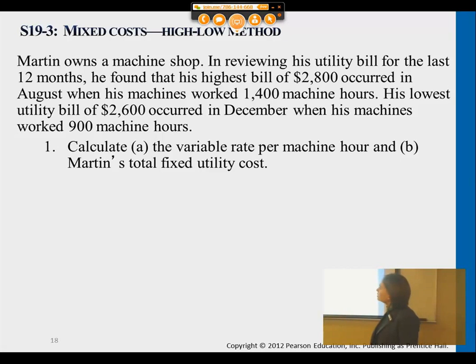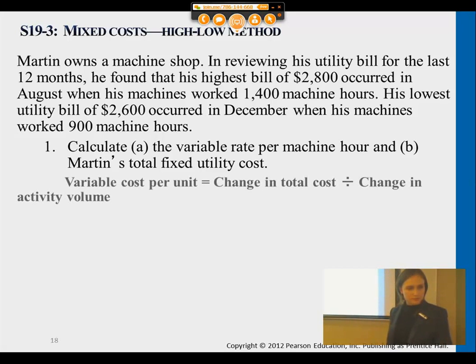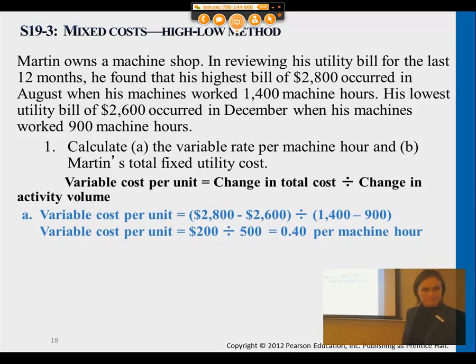We're going to take 2,800, subtract 2,600, and all of that divide by the difference of 1,400 minus 900, which is 500, right? So what are we getting here? It's 200 divided by 500. So what we found is 40 cents per machine hour. That's my variable cost per unit.